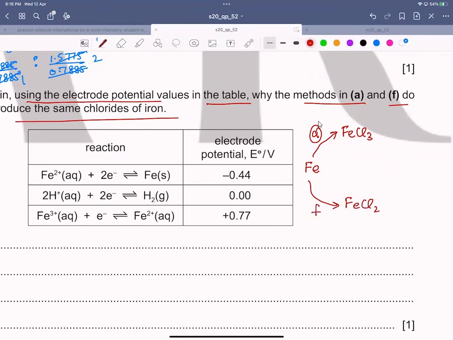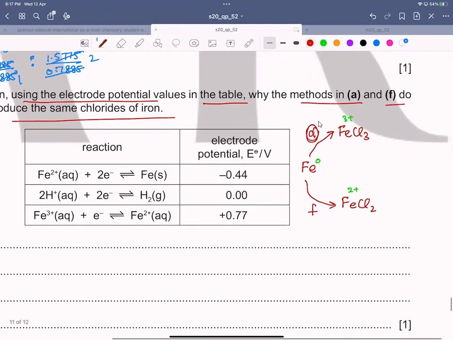If you look at these two, iron has a zero oxidation number here. In method A iron is oxidized to +3, and in method F iron is oxidized to +2, right? Is this part understandable to everyone?